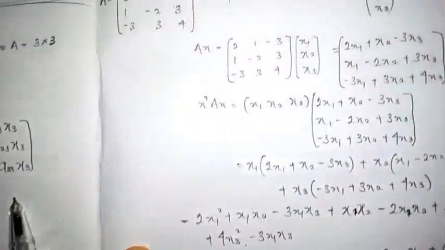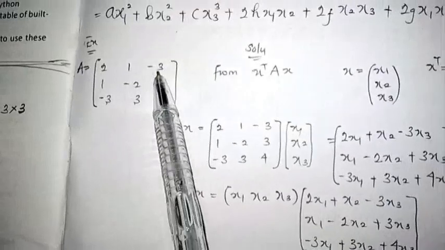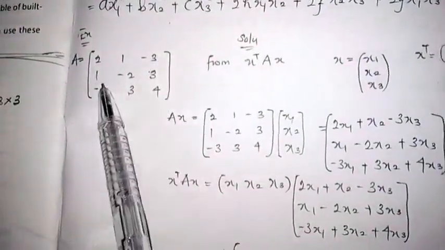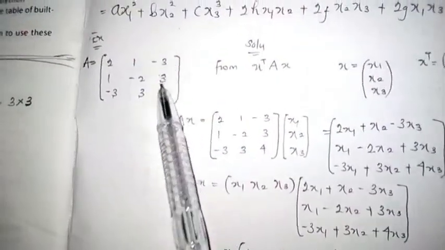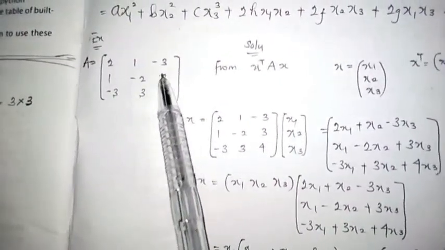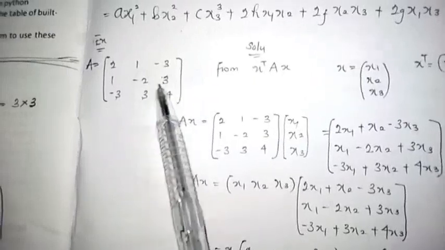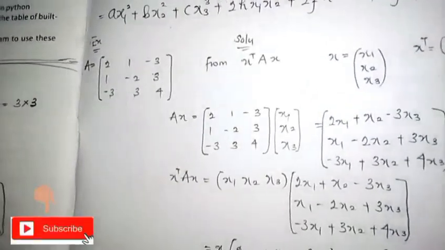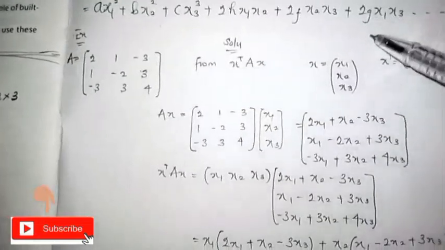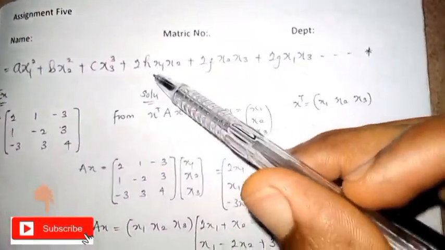So we come down again, you see here this is a13, this is a31. You see minus 3, the same. This is a23, this is a32. You see they are the same, 3, 3. That is the reason why we represented it by f, by g, and by h.